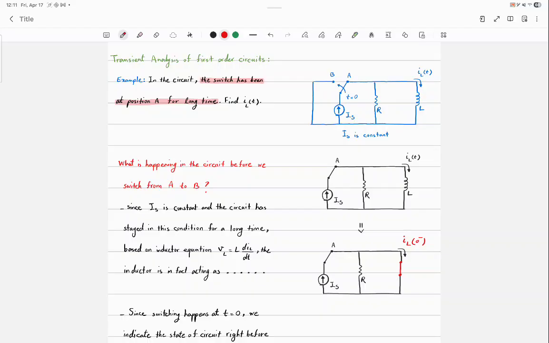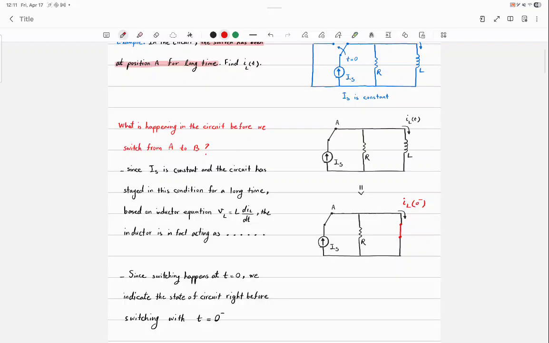Now, what else can I do here? Is there anything that I can simplify in this circuit? I can get rid of the resistor R, right? It's being shorted out because there's a short circuit around it. Okay?